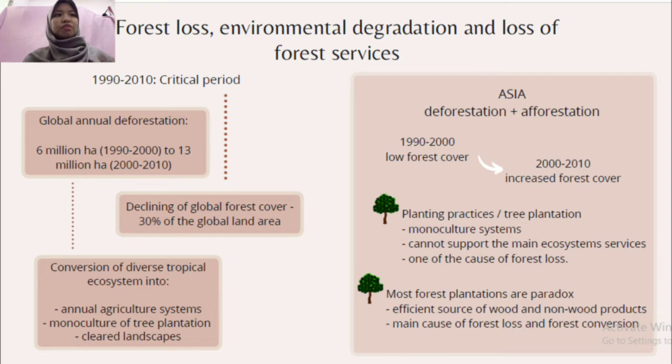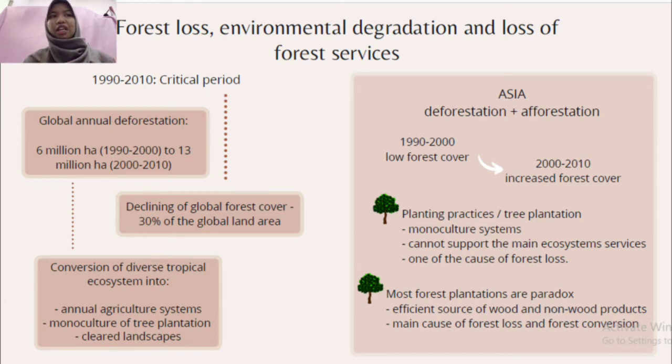This is proven by the global annual deforestation rate, which declined from 16 million hectares to 13 million hectares: 19 million hectares in 1990 to 2000, and 13 million hectares in 2000 until 2010.